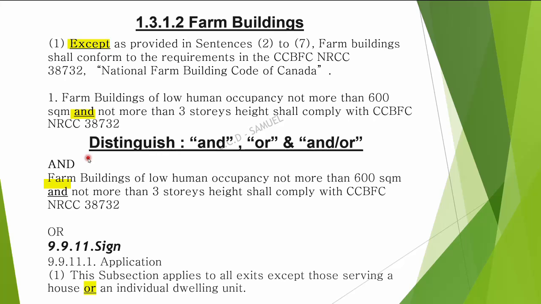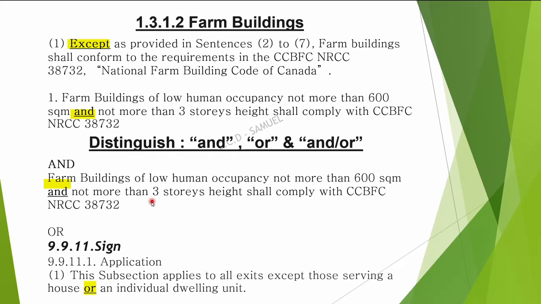Now let's do some distinguishing here. How do we distinguish between and, or, and both and, or together? Let's look at and. Farm buildings of low occupancy, as read, must be not more than 600 meters square and not more than 3 stories in building height.